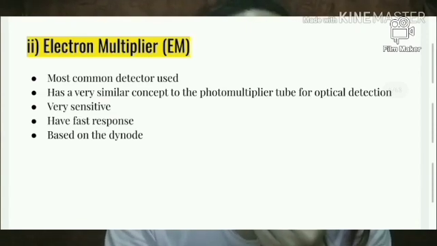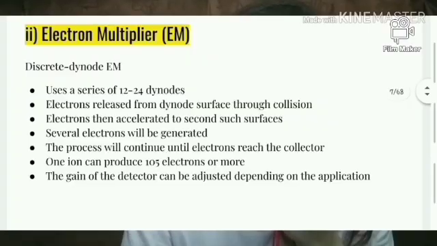The EM is based on the dynode, which has a surface that emits electrons when struck by fast-moving electrons, positive ions, negative ions, or neutrals. There are two types of dynodes: the discrete dynode EM and the continuous dynode EM. The discrete dynode EM uses a series of 12 to 24 dynodes, each biased more positively than the preceding dynode.